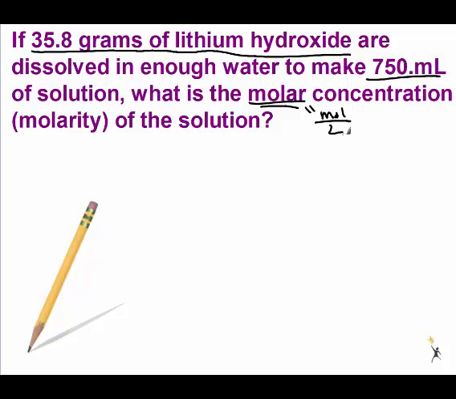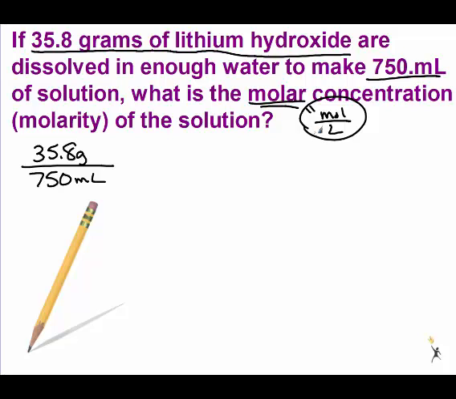We, in this case, want 2 units as our final answer. So we don't have moles, but we do know grams. And we don't have liters, but we do have milliliters. So this is what we're trying to get our final answer in. So we're going to have grams over milliliters.